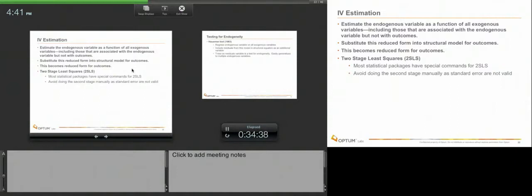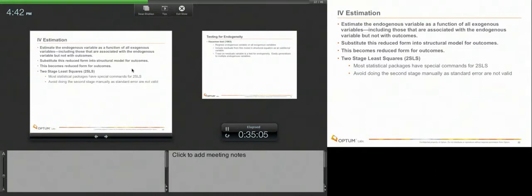Because if you create this new variable that by definition is a function only of things that aren't endogenous, a linear combination of things that you have assumed are not endogenous, then it has to not be endogenous anymore. And then you can use that instead of the original variable.